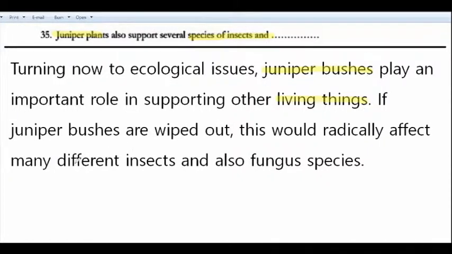Okay. And we can hear right here many different insects and also fungus species. That's going to be our answer. Fungus species. The answer for number 35. Next, let's look at numbers 36 to 40.